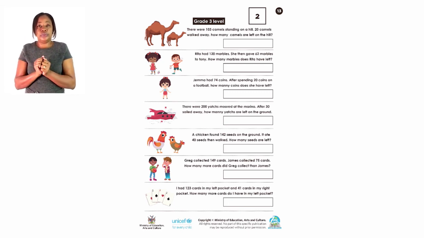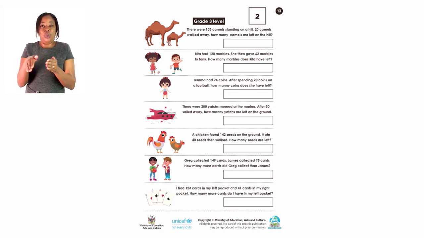There were 103 camels standing on a hill. 20 camels walked away. How many camels are left on the hill? What do you understand about that statement? They are telling us how many camels were standing on the hill? 103. And then what happened? Then 20 of them walked away.